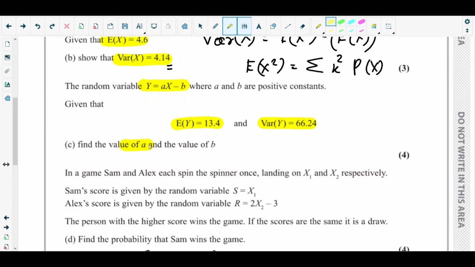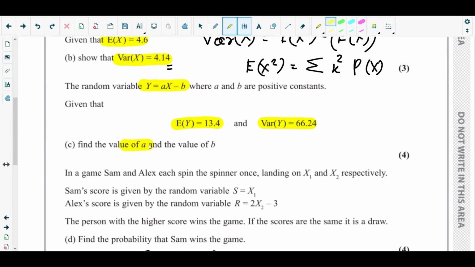So since y equals ax minus b, what can we write? Expectation of y can be written as the expectation of ax minus b. So this is a times the expectation of x minus b, right?